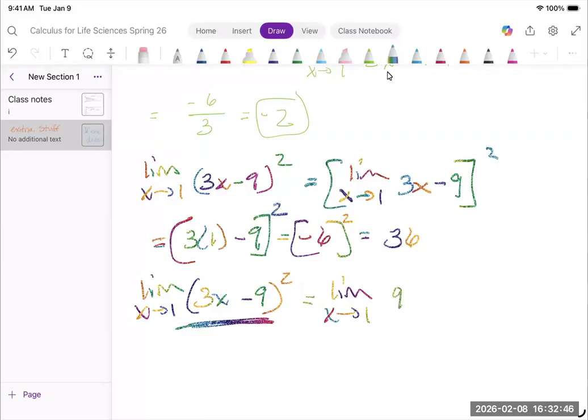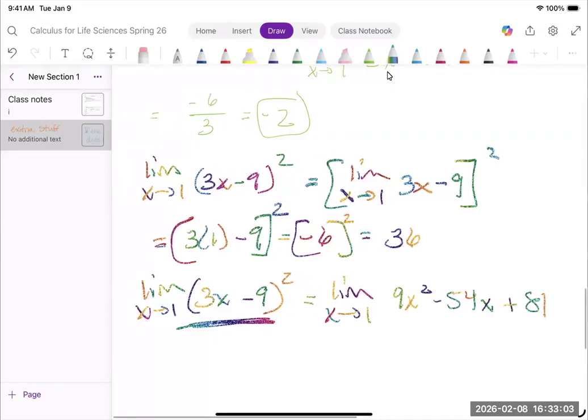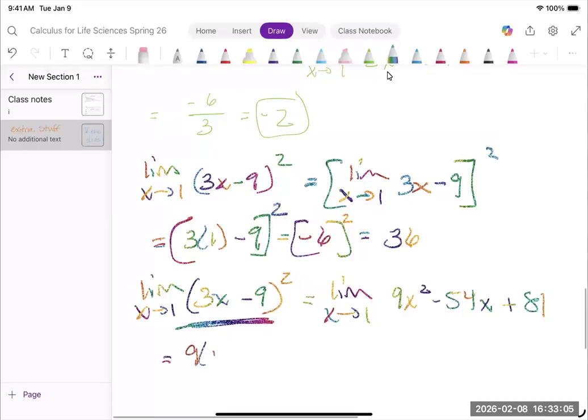That is what? 9x squared, combine and double, that's -27 times 2, which is -54. Okay, so then if we toss in the 1, 9 times 1 squared minus 54 times 1 plus 81.